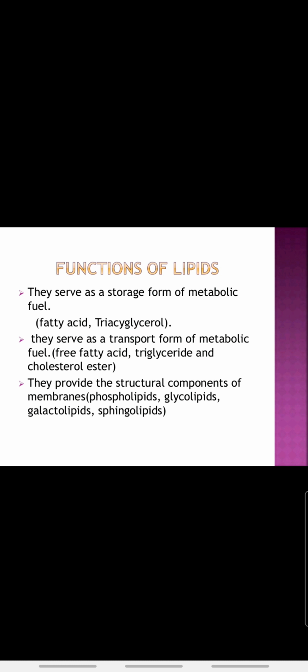The two tails of the structure are hydrophobic, meaning fear of water. So that is another membrane lipid, the phospholipids.